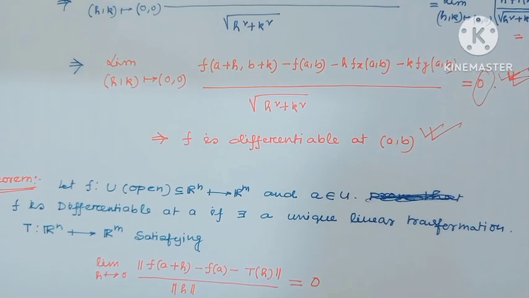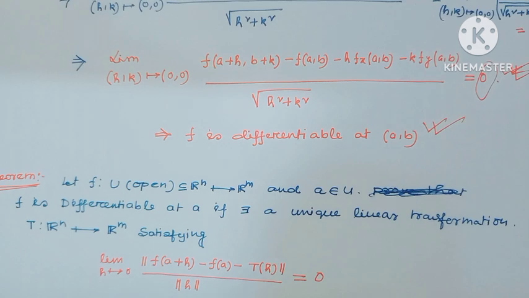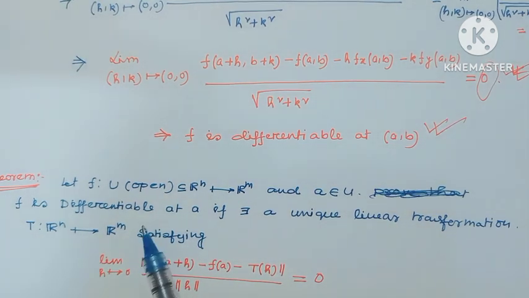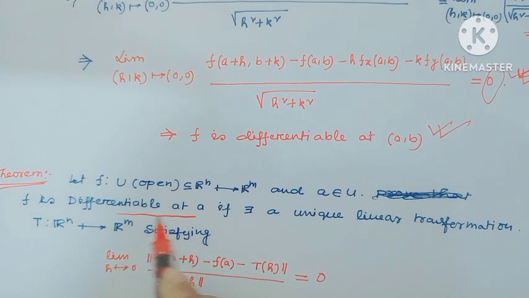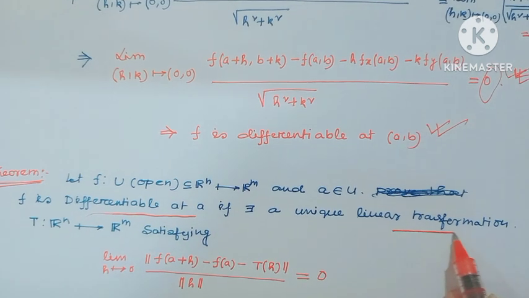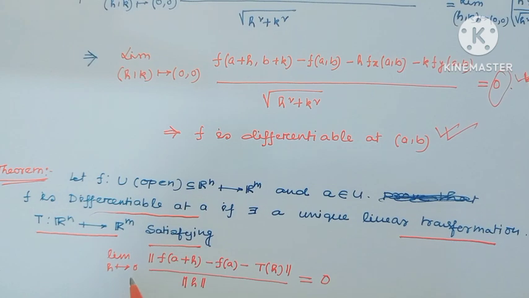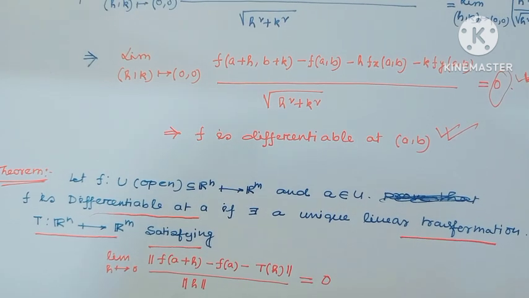In my previous video I had seen f defined from the open set U, which is a subset of Rn, to Rm, and a is an interior point of U. Then f is differentiable at the point a if there exists one unique linear transformation T from Rn to Rm satisfying the limit as h tends to 0 of norm of f(a+h) - f(a) - T(h), divided by norm of h, equal to 0.